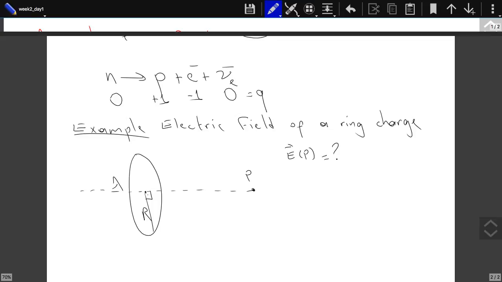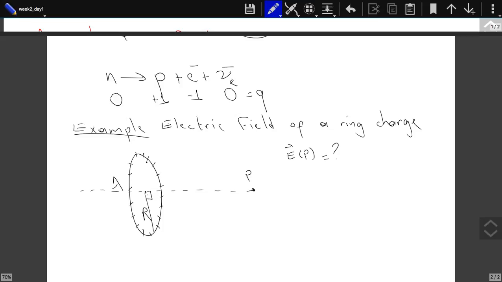creates a very small electric field at that point. And that electric field will be along this line. For the purpose of sketching, let's just assume the charge is positive. So this will be the very small electric field created by this segment over there. Now there's a symmetric, diametrically opposite segment, this one.